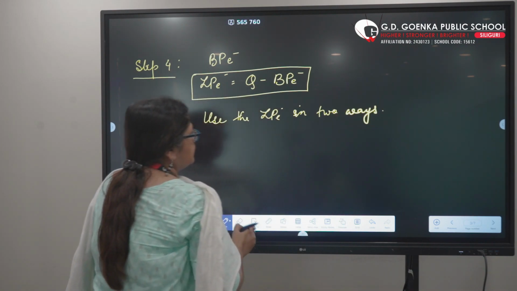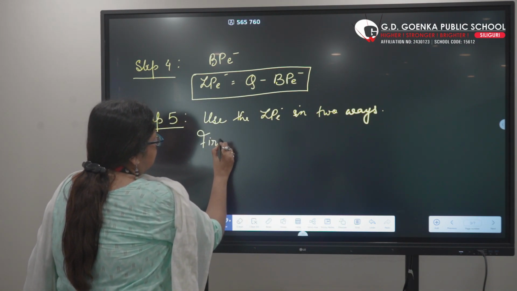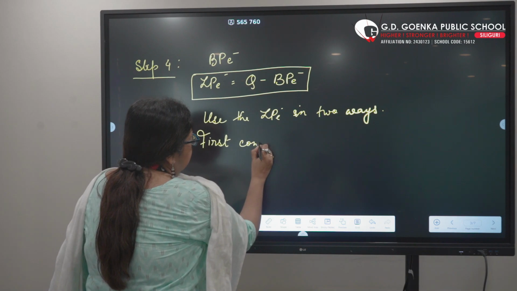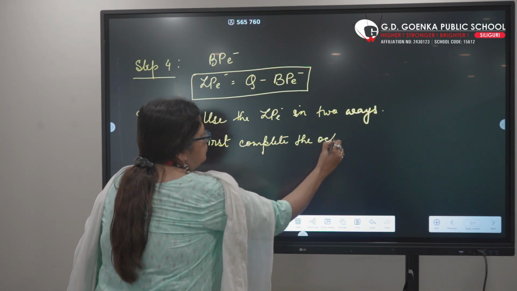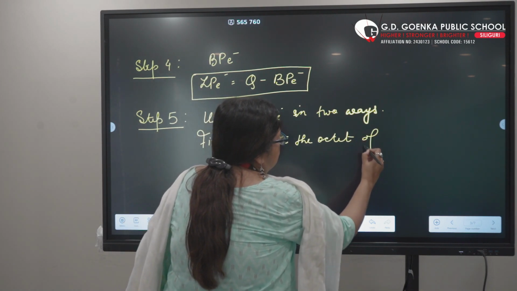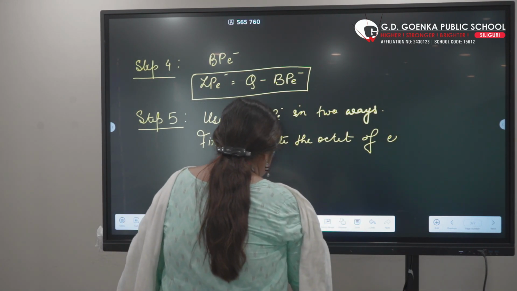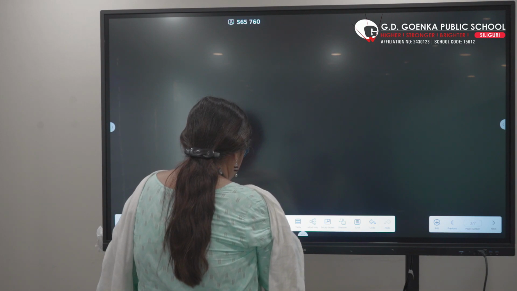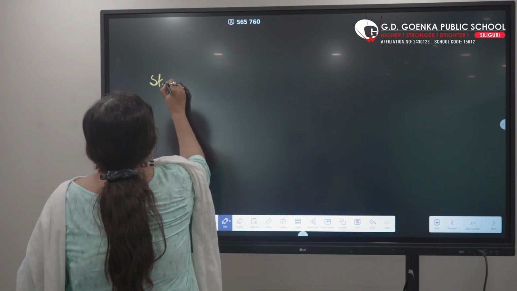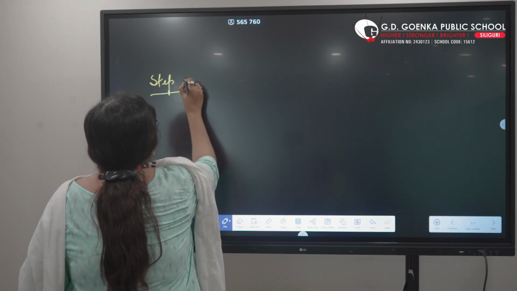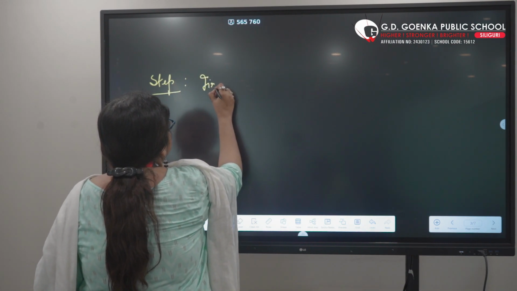How? First, complete the octet of terminal atoms. First complete the octet of terminal atoms.